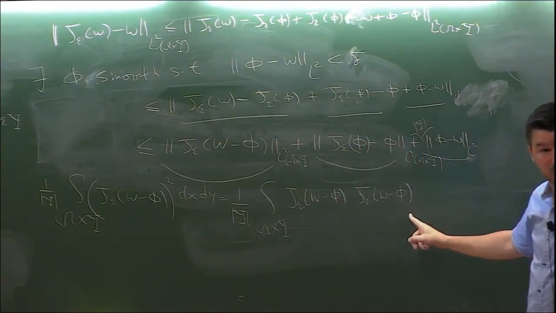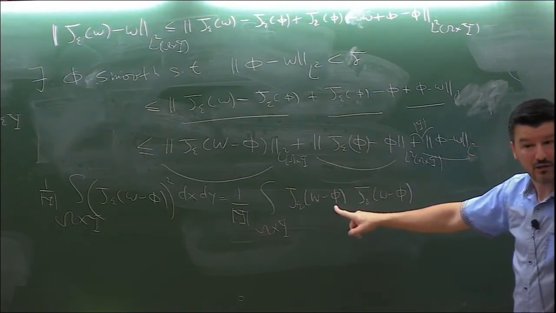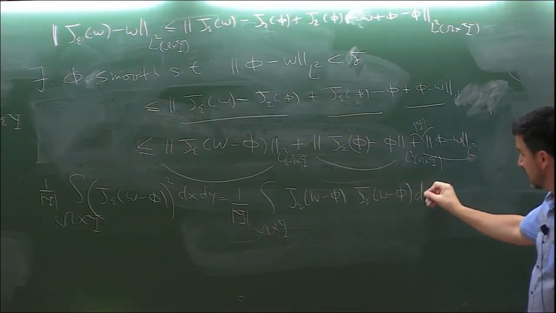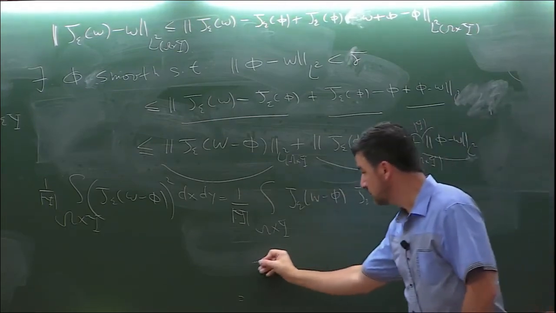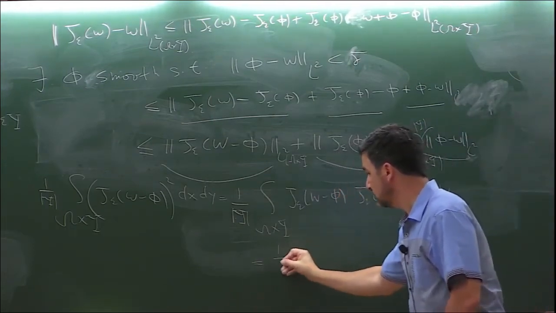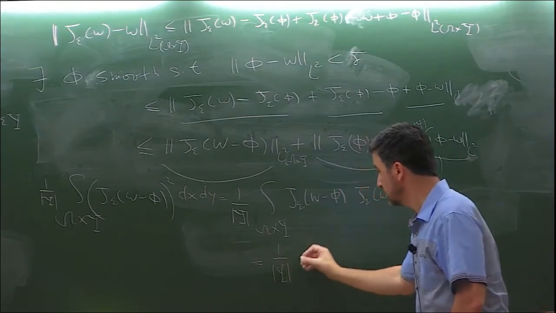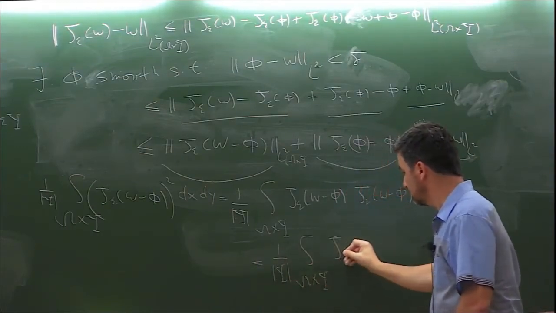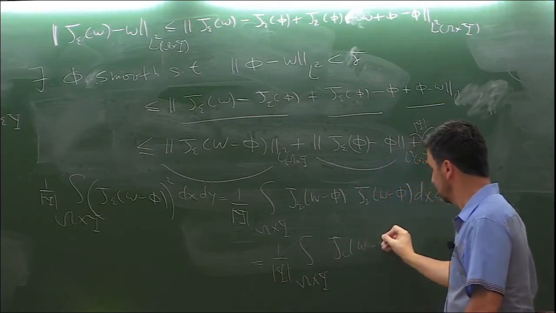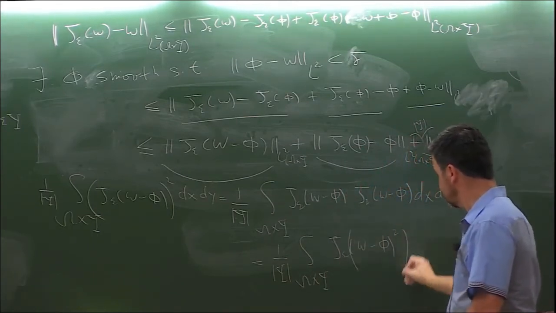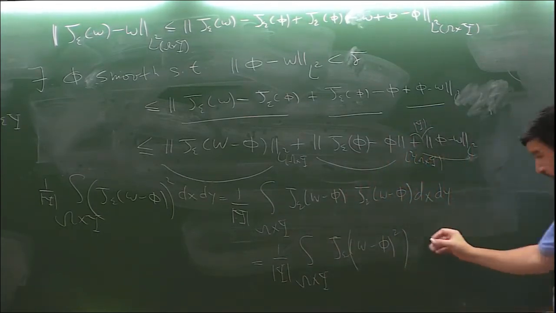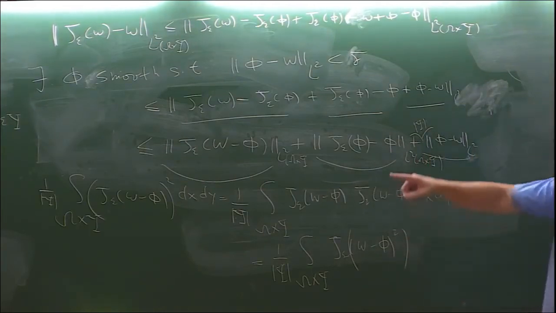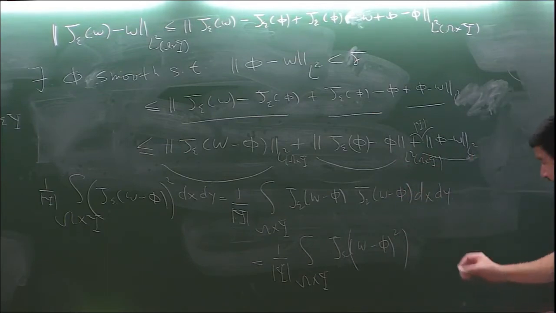And this is T epsilon of omega minus phi squared because of the multiplicity property of the operator. And now I apply again the unfolding identity.